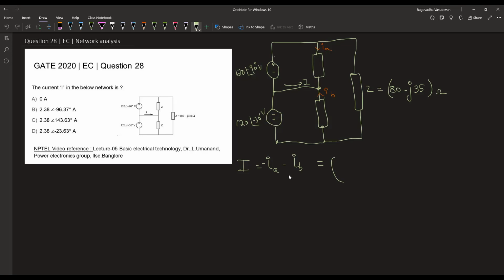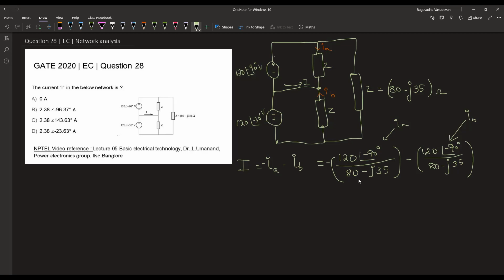IA is this voltage divided by the impedance Z, and IB is this voltage divided by this impedance Z. This is the value of IA and this is the value of IB.